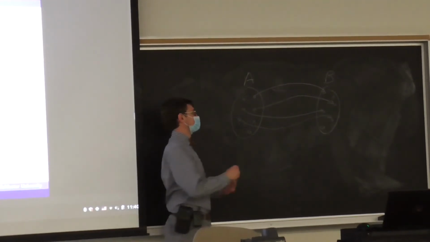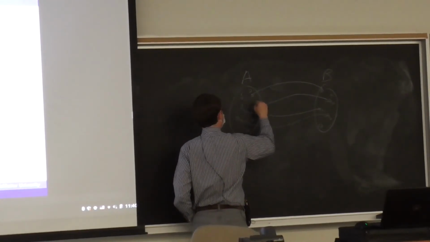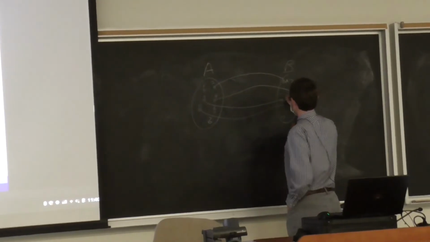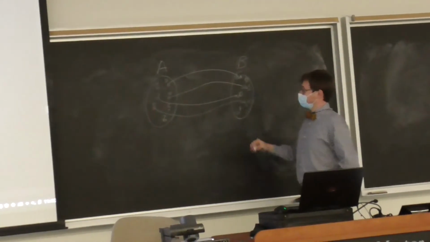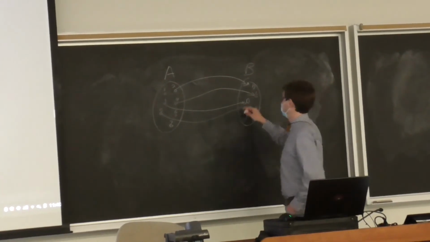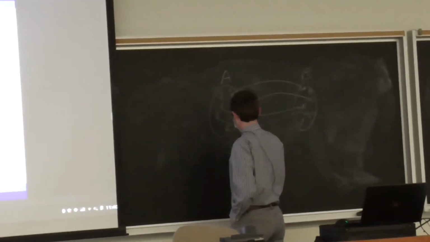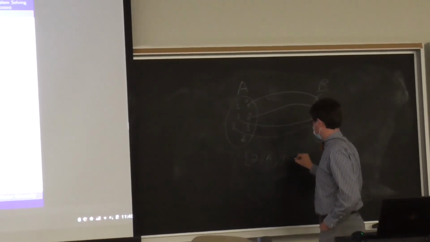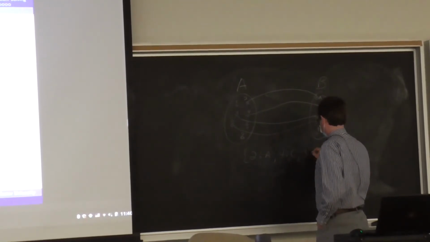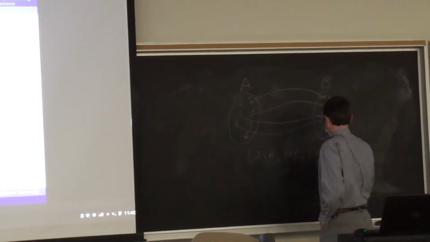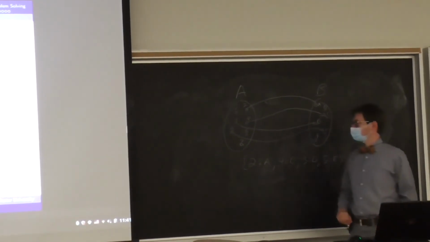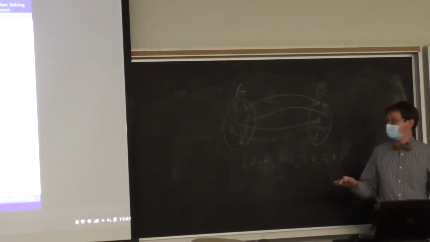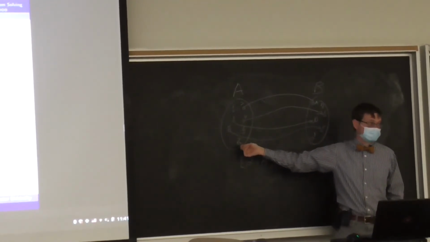So let's say you had, let's number these, 1, 2, 3, 4, 5, 6, 7, and A, B, C, D, E, F. This mapping, this relation, in this case, is defined by 2 yielding A, 4 yielding C, 3 yielding D, and 5 yielding E. The mapping itself makes no assumptions about what these elements are.